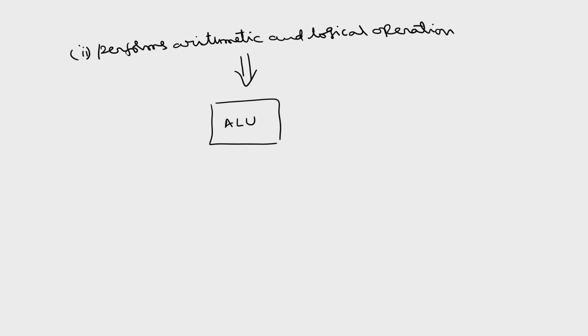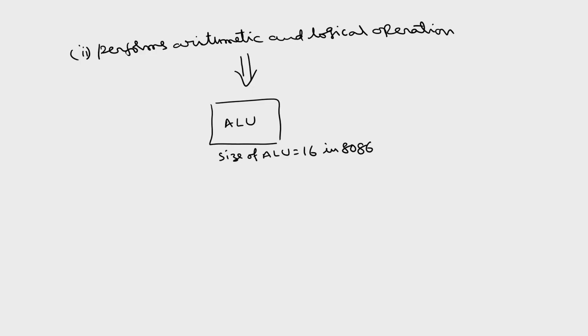In case of 8086, the size of the ALU is 16 bit. That is why it is called a 16-bit microprocessor. It means any 16-bit operation, such as 16-bit addition, will take only one clock cycle. This is the second operation, which performs arithmetic and logical operations.